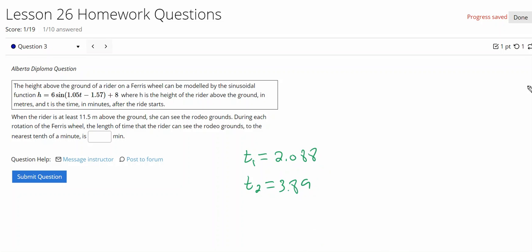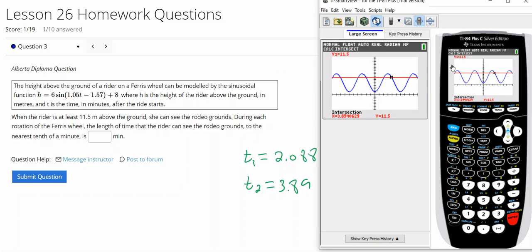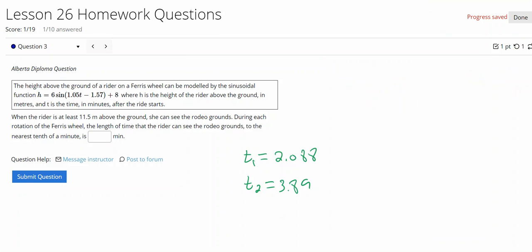That's the time that she's above, that's the time that she is above there, right? So then we just subtract those two. So this will be, maybe I should have left one more digit there, 3.894. So we have the same number of decimals. Okay, so then we'll just plug that into our calculator.